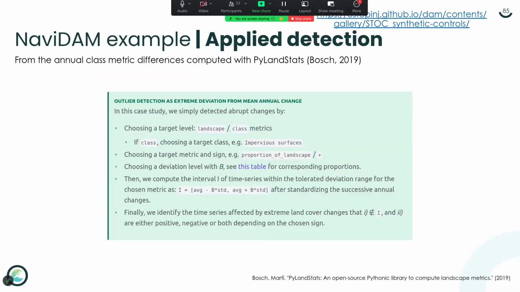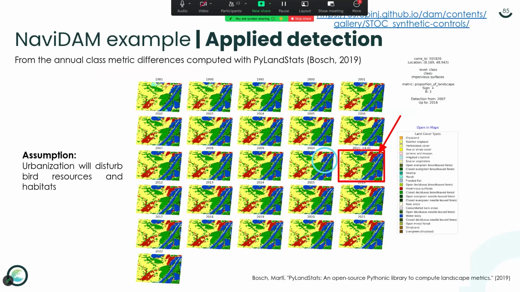So as I was saying, we are running behind the schedule, so I think I go quickly here. So the idea is then to apply the detection. Here I've looked at abrupt land cover changes by looking at the deviation from the mean annual change from 1 year to the other.